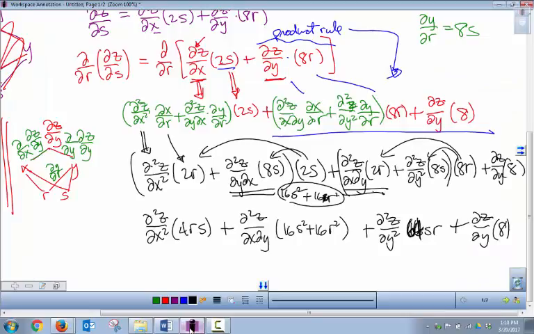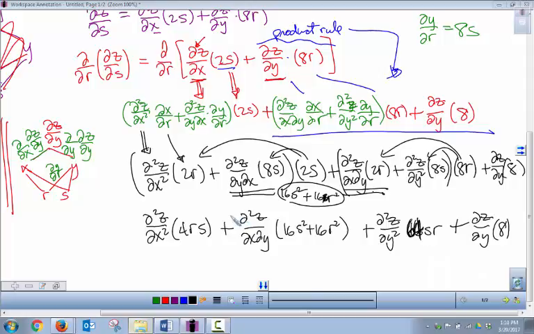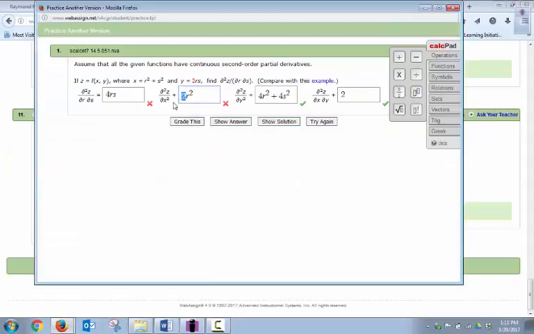Yeah, divide by it. This is a 4 also? Yeah, whatever. rs also?